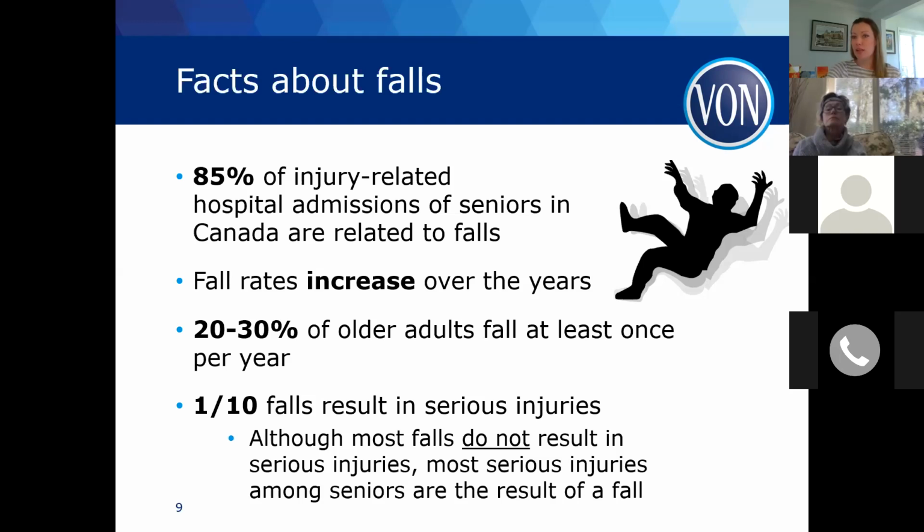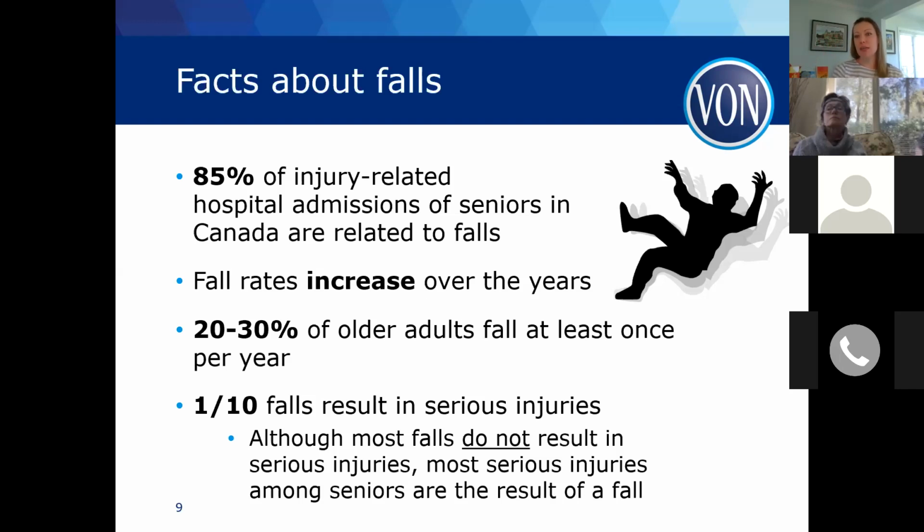We know that we can fall at any age, and we do, but we tend to see the fall rates increase over the years. So we may see more falls as we get older. But the thing to remember is that falls are not a quote-unquote normal part of aging. There are reasons behind them.